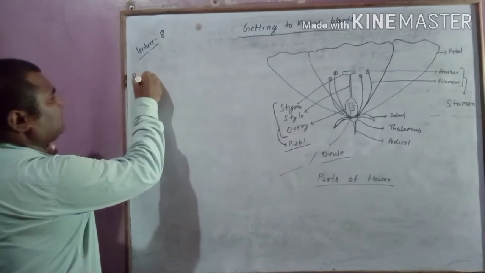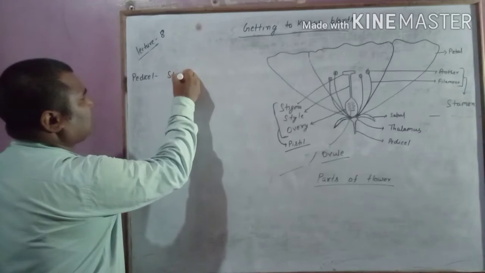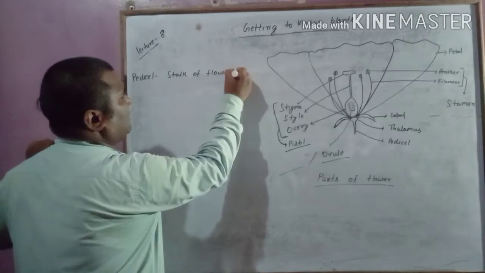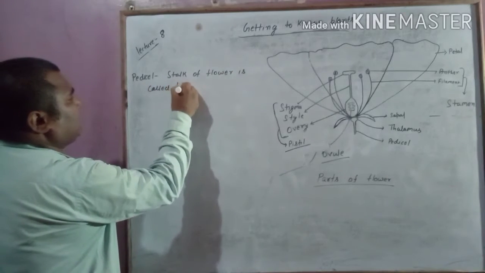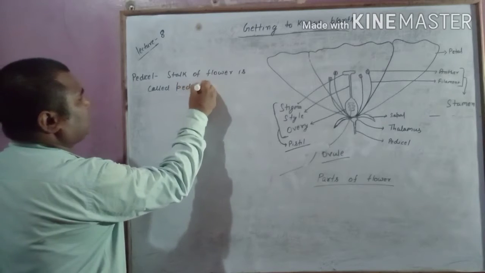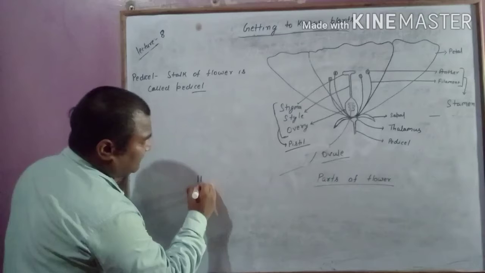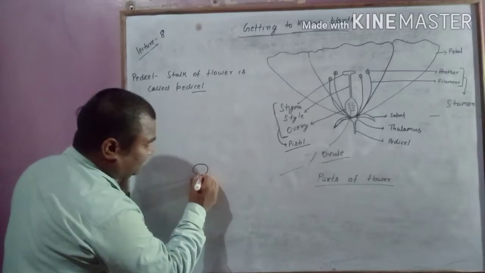So this is called pedicel. The stalk of the flower is called pedicel. So this is the stalk, and at the upper end it becomes swollen.